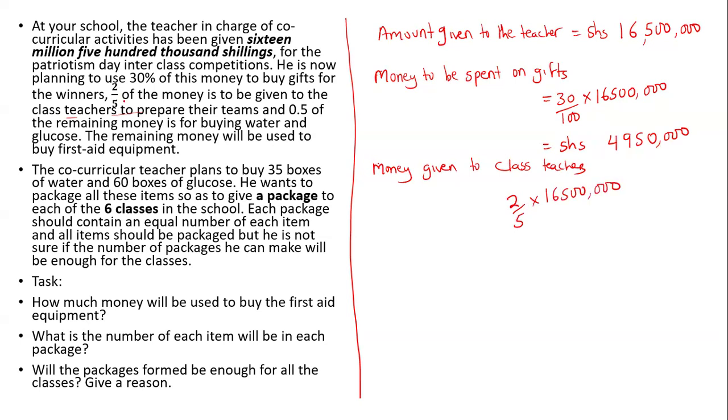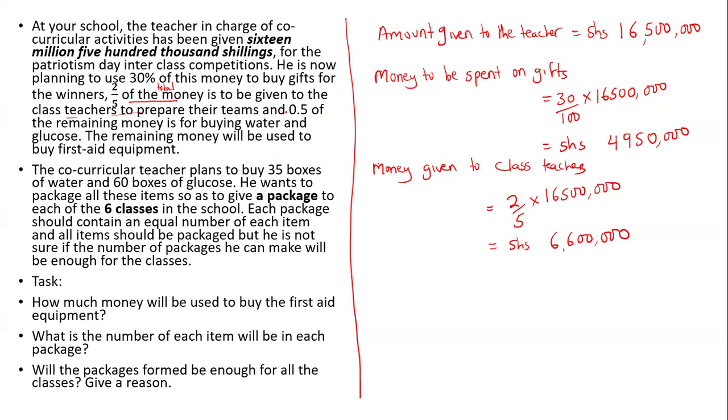Now here, since they told us of the money, we shall make an assumption that we are looking at the total amount of money. So this one we shall be able to obtain shillings 6,600,000. That is the money to be given to the class teachers to prepare their teams.